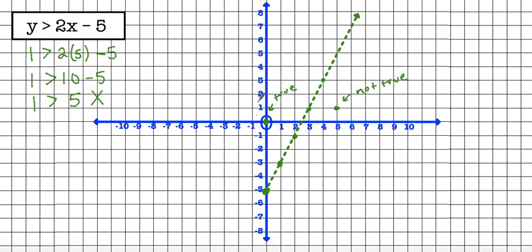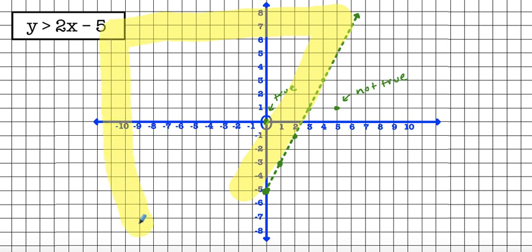Because this point to the left of the line is true, any other point I pick in this section will be true, and any other point to the right of this line would not be true. That's why we're going to shade everything to the left of the line. Everything to the left of this line is true, so it gets shaded.